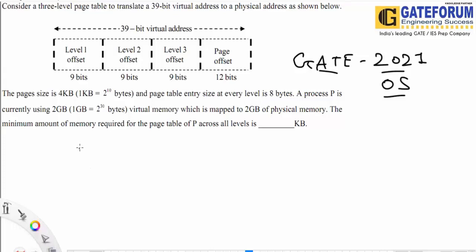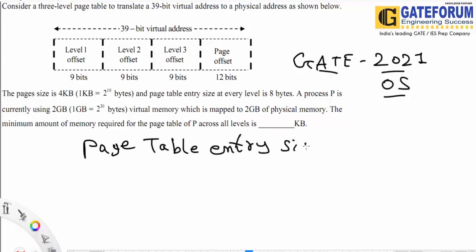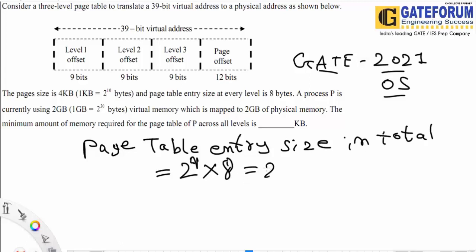So if you want to find the page table size in total, at every level we have 9 bits, so 2 raised to 9 entries in every table, and per entry we have 8 bytes. So in total, the page table size will be 2 raised to 12 bytes, or 4 KB.